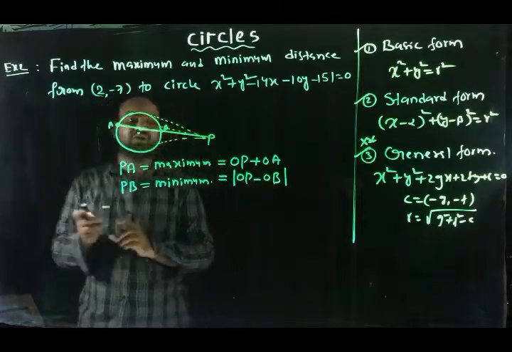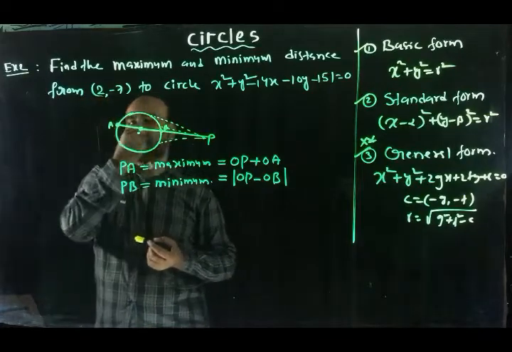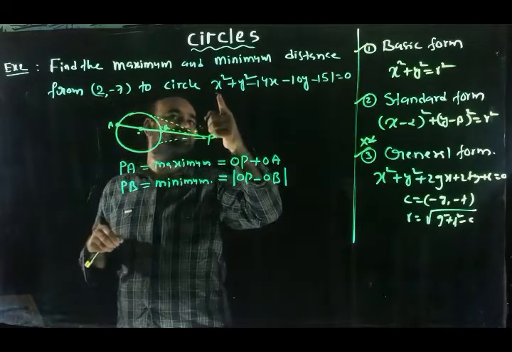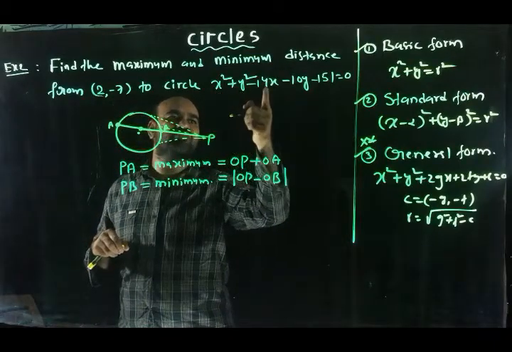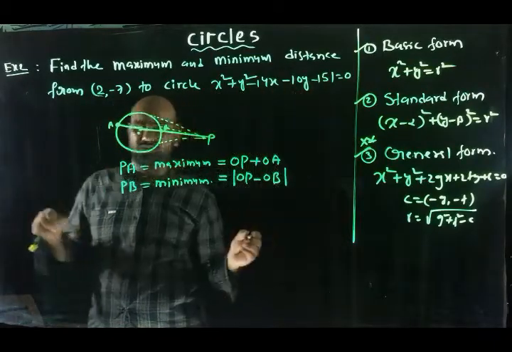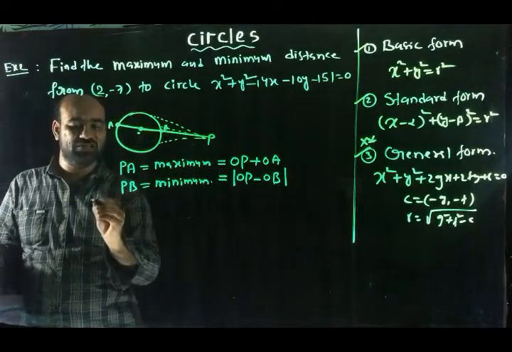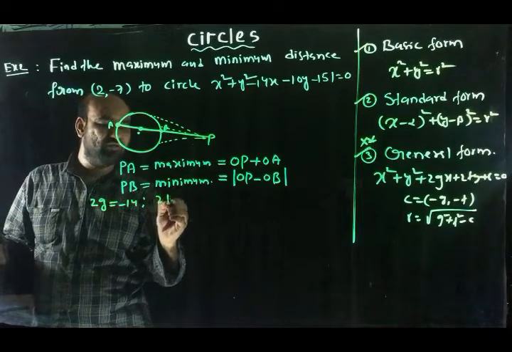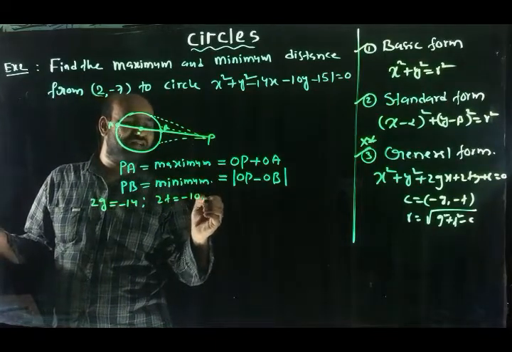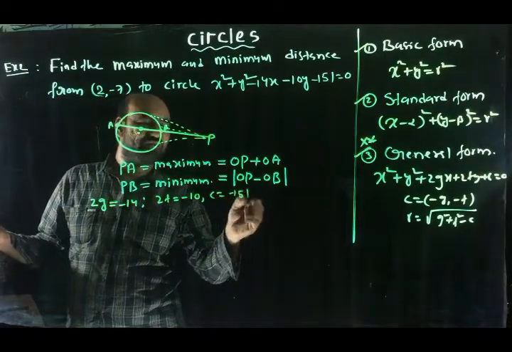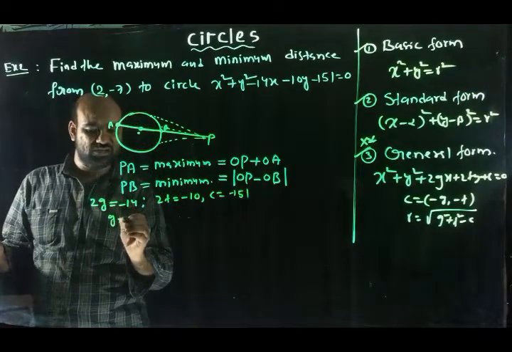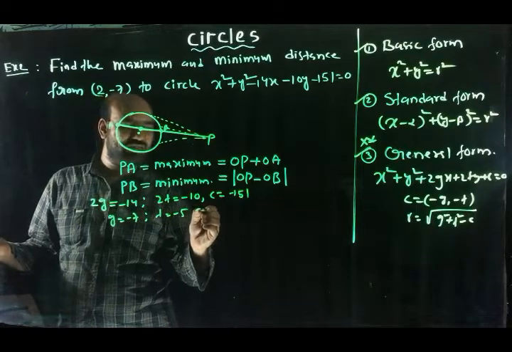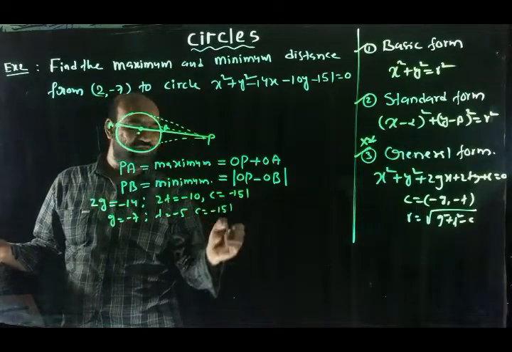So according to this problem, I need to find the center first. This is in the form of x square plus y square plus 2gx plus 2fy plus c equal to 0. Directly I can find the center. 2g equal to minus 14, 2f equal to minus 10, c equal to minus 151. So g is equal to minus 7, f equal to minus 5, c equal to minus 151.